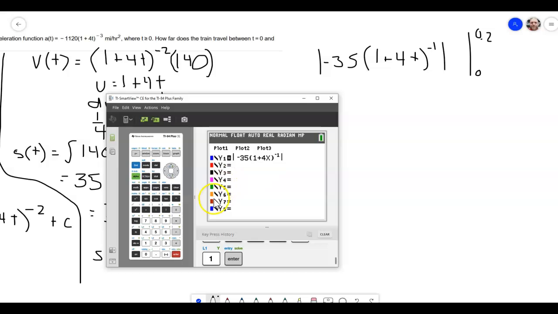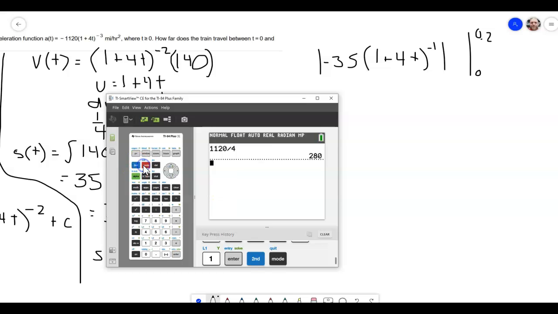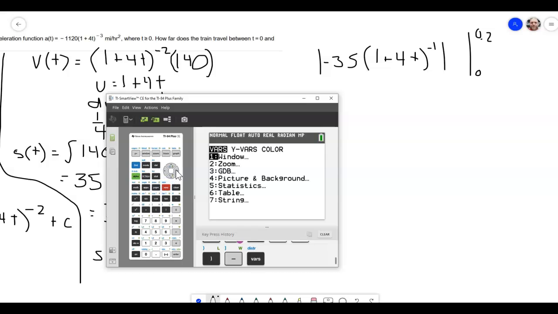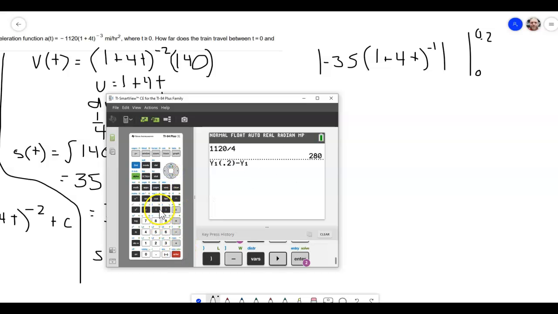I could work this out by hand, but since I have decimals, I'm going to let my calculator do this. So go to vars, Y-vars, pull up my y1 function, evaluate it at the upper limit, minus y1 evaluated at the lower limit of 0.